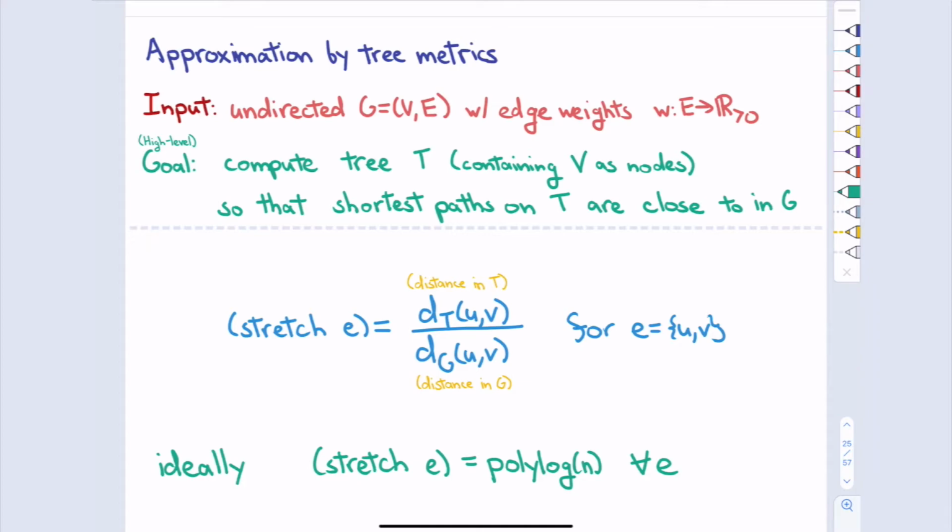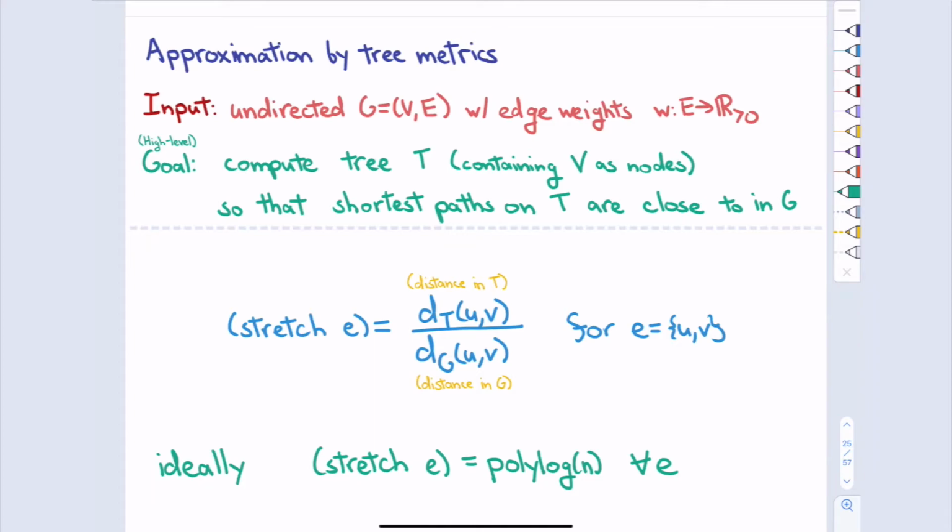Okay, so this is a very strong approach, the idea of trying to approximate an undirected graph with a tree, which is sort of like the simplest possible graph you can ask for. All right, so now how are we going to quantify our sense of approximating distances and stuff like that?